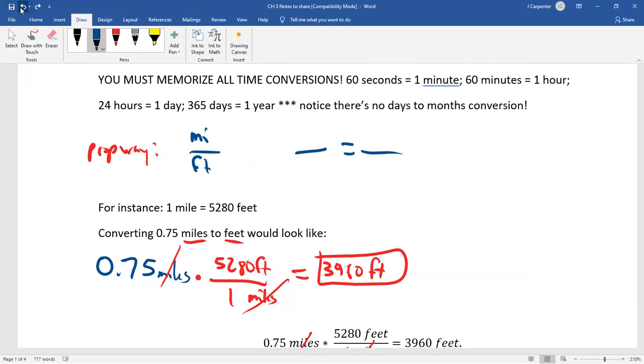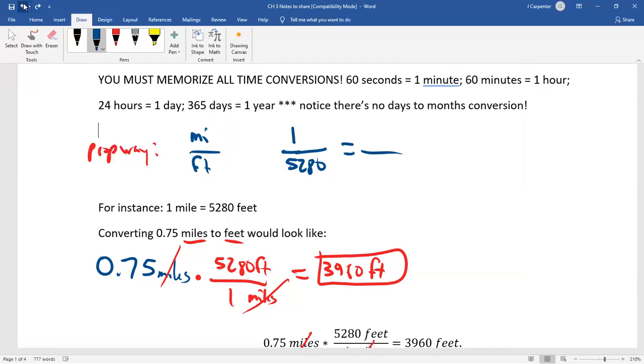Now, when we do proportions, we don't write the units. You can, but it's going to get ugly if you do. So 1 mile, I was saying that, so I had to write it. 1 is 5280. The reason with proportions that we don't have to write the units is because we're staring at the units right here by knowing what they are. Anything from the top is a miles, anything from the bottom is a feet.